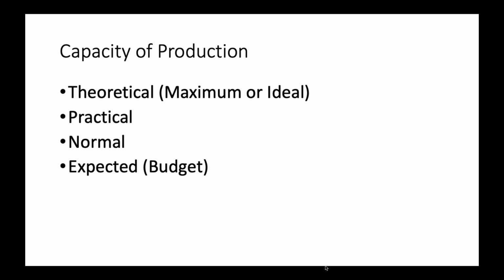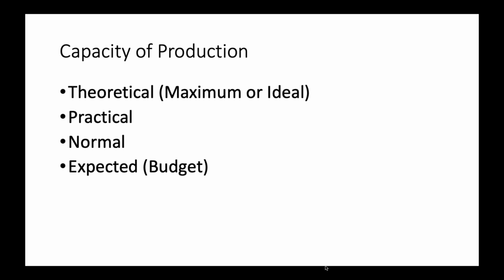Now we have here different capacity of production. When we say theoretical capacity, that's the maximum or ideal capacity where the plant or the department's capability to produce is without any interruption, meaning it assumes that nothing will go wrong in the production. It gives no allowance for any human and non-human errors.